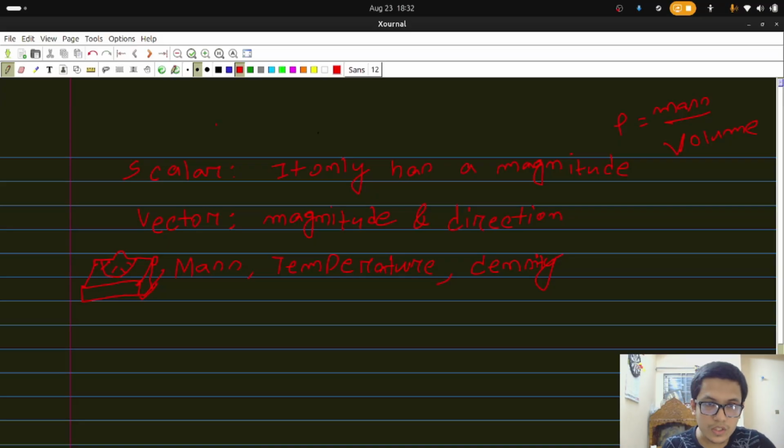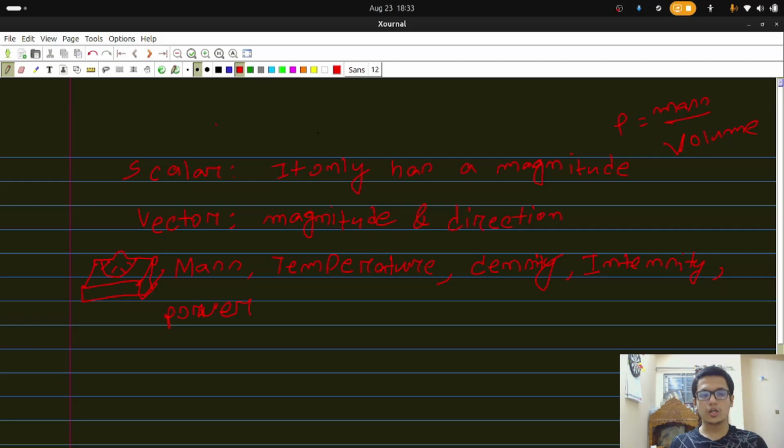So density is a scalar quantity. And for that, we also have many things, like intensity of light. Also, power. Yeah, power is a scalar quantity.